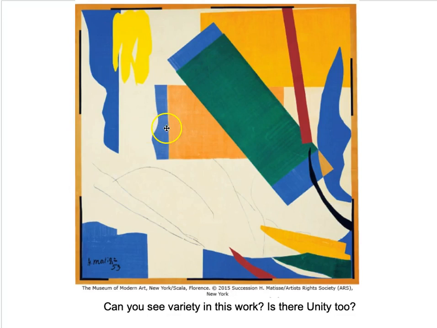You could start by thinking, well, there's definitely warm and cool variety. I see cool colors like greens and blues, but I also see warm colors like orange and red and yellow. And so would you say there's about the same amount of those warm and cool colors? Maybe about the same cool as there is warm?